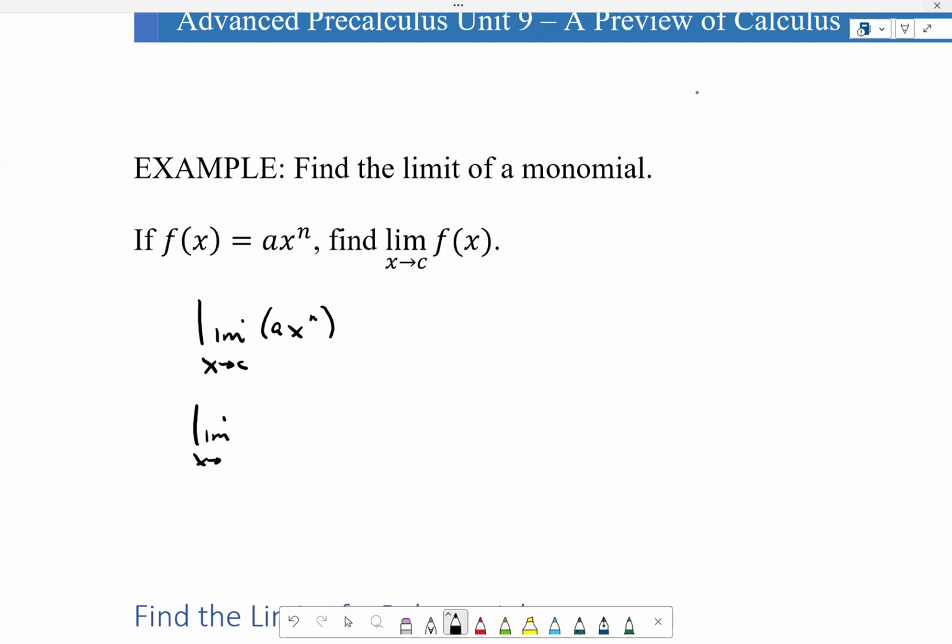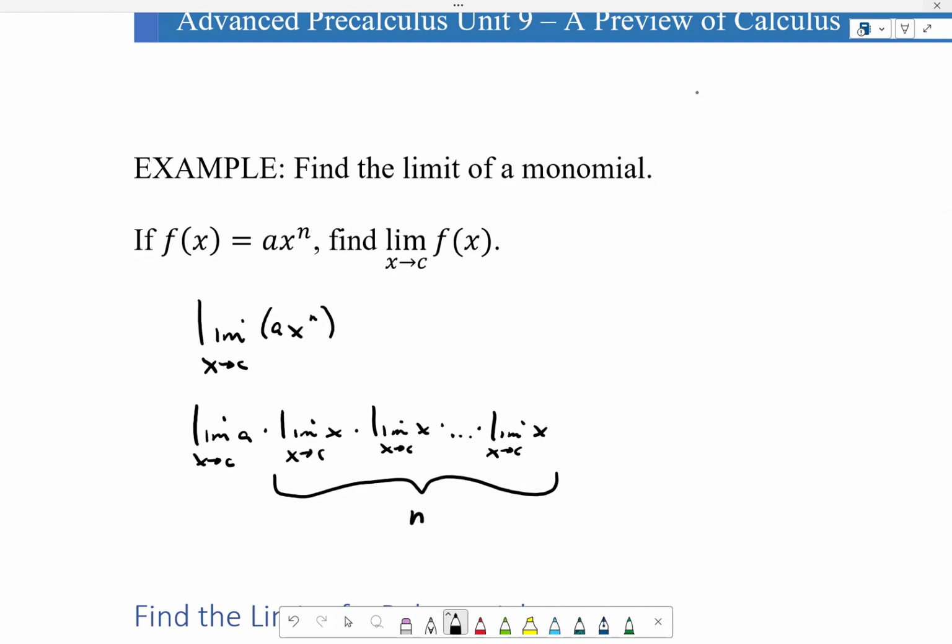So we have the limit of a times the limit of x, and this is still as x goes to c, times the limit as x goes to c of x, times dot dot dot, finally times the limit as x goes to c of x. And how many of these do I have? I have n of them. The answer will be a times c to the n.